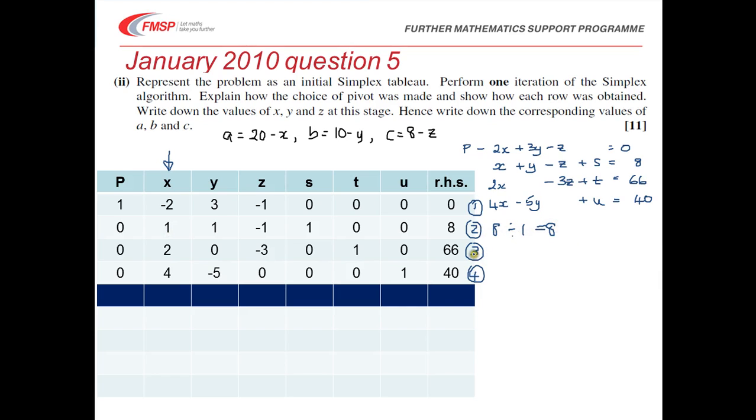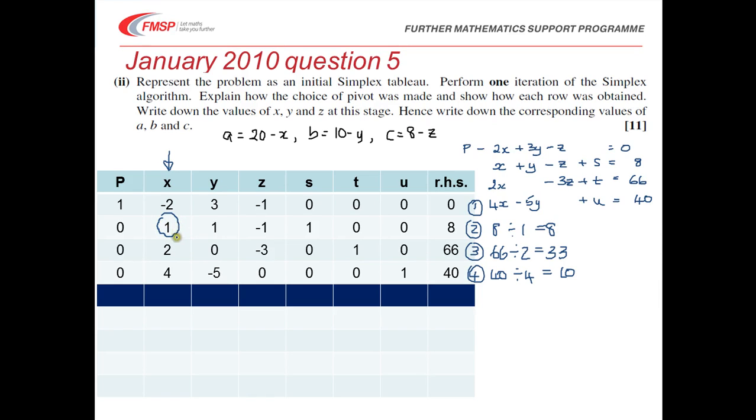And then you do the same thing here, so it would be 66 divided by 2, which is 33, and 40 divided by 4, which is 10, and the Simplex algorithm tells us that we have got to take the smallest of these. So this is referred to as the ratio test, and the smallest of these is when the pivot is 1.